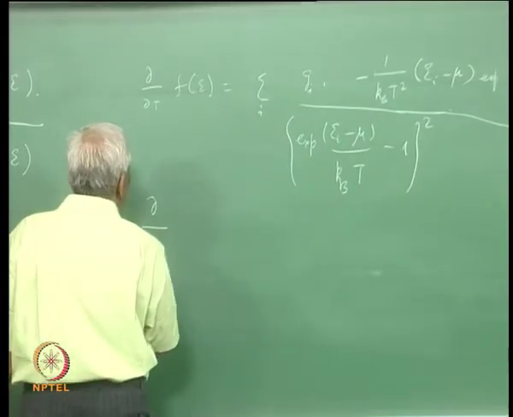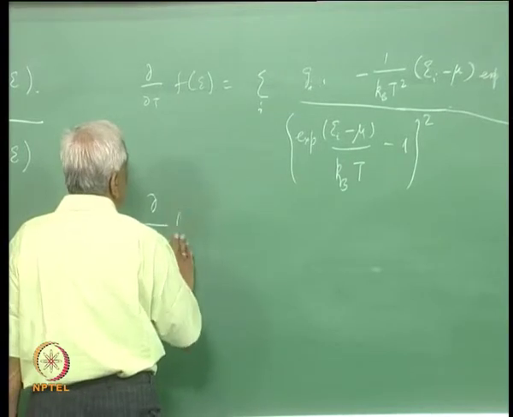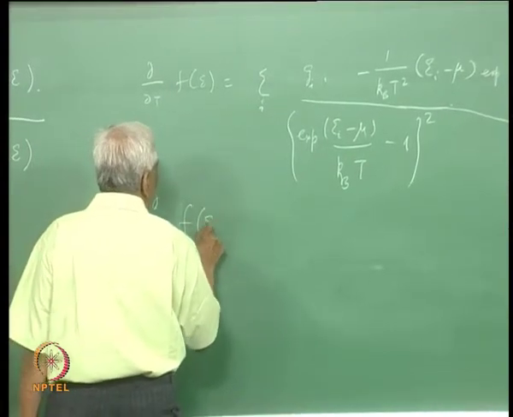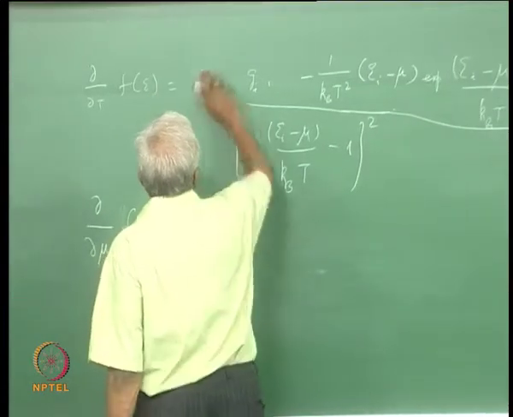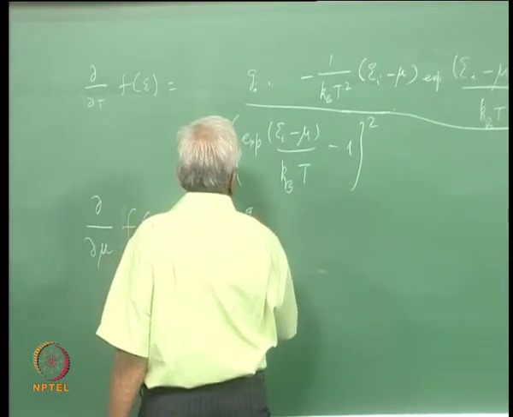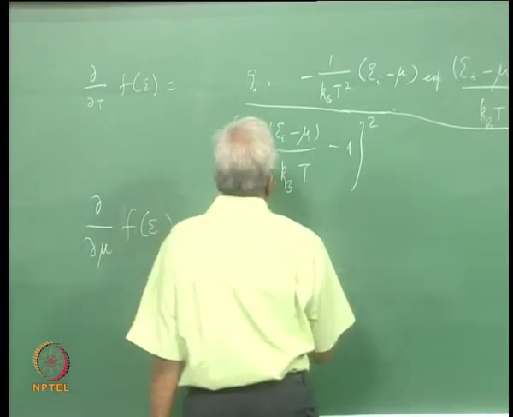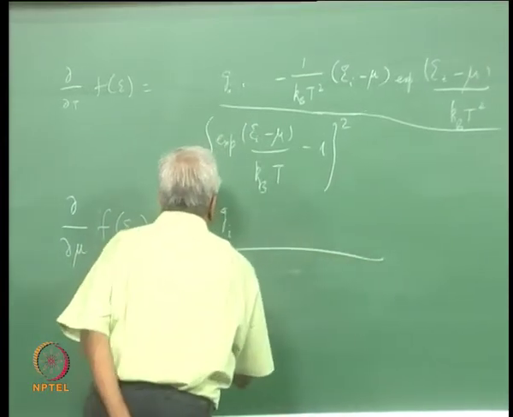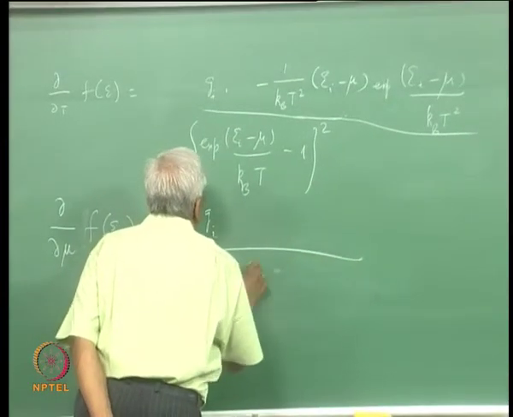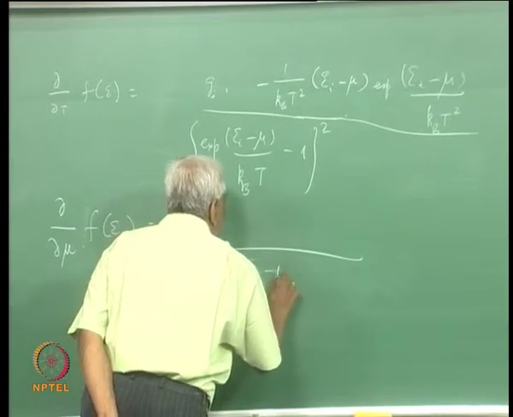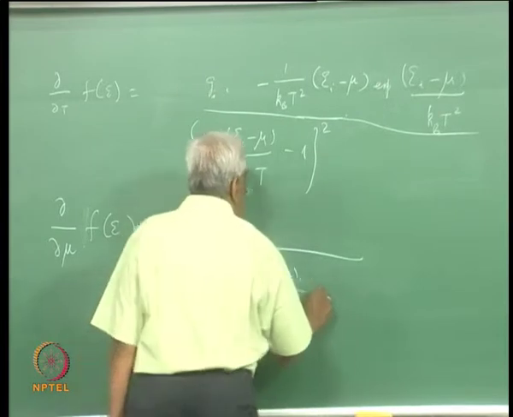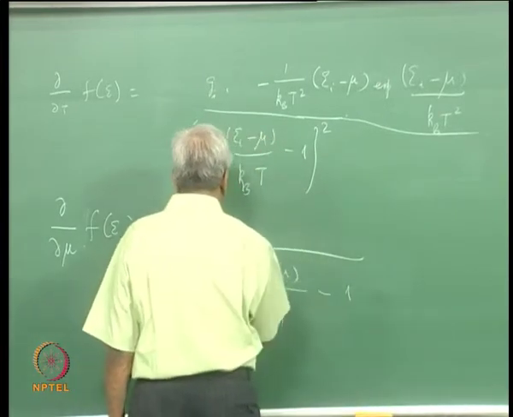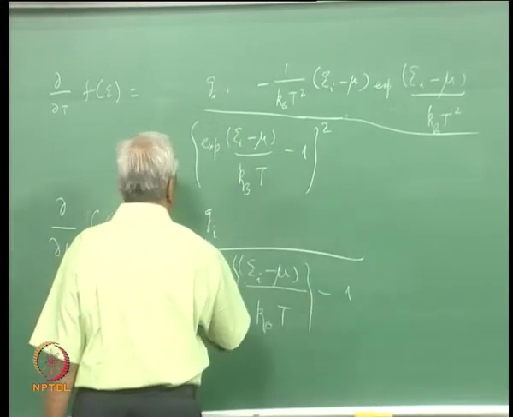Whereas, if you differentiate f with respect to mu, then that will be g_i again exponential (E_i minus mu) by kBT minus 1 whole square.